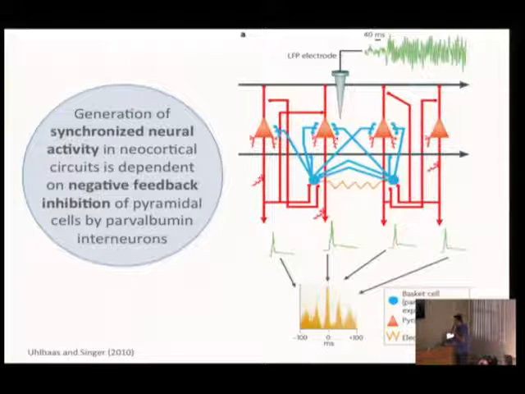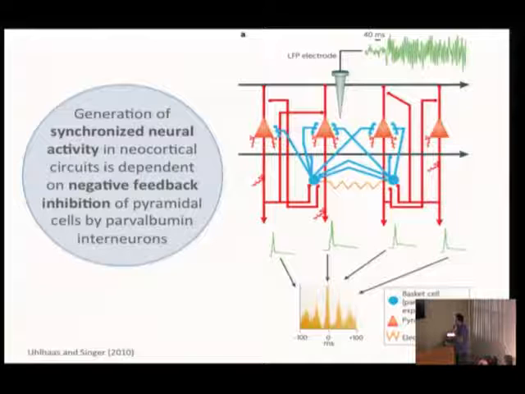These basket cells also have gap junctions, so they display electrical synapses. So they can fire very fast and coupled, and this could be the basis of the generation of synchronized neural activity.